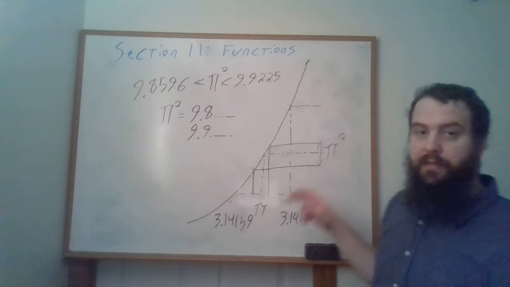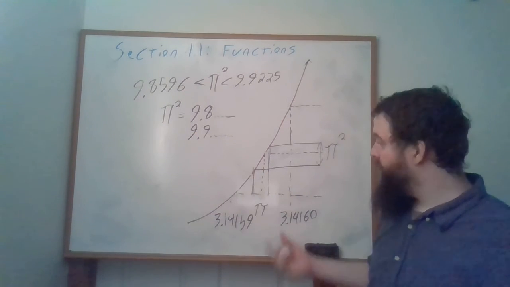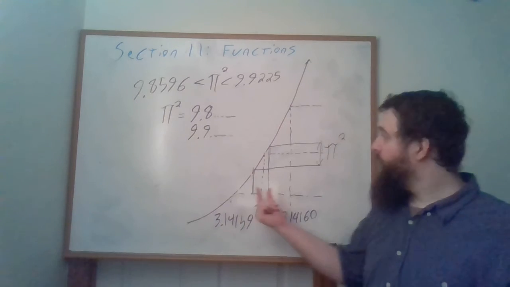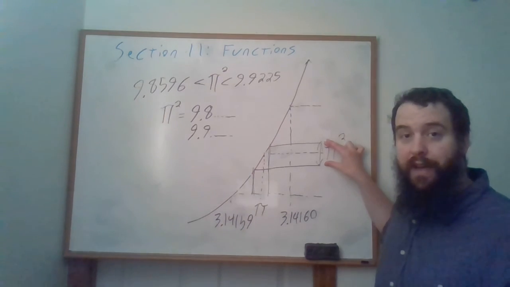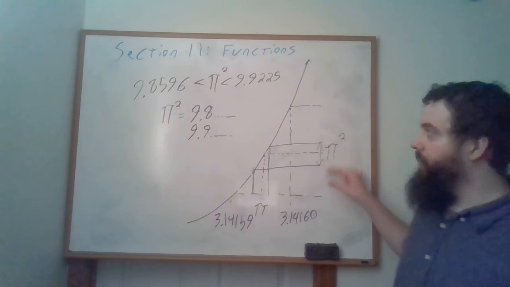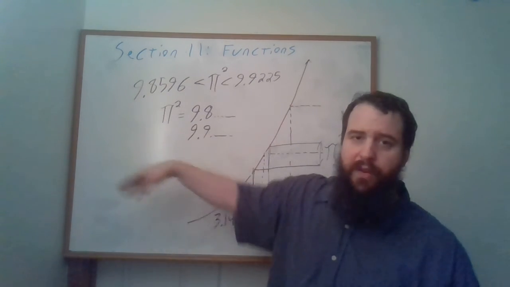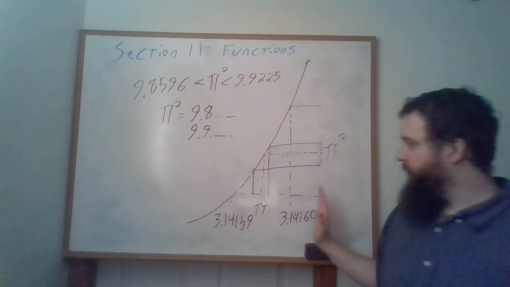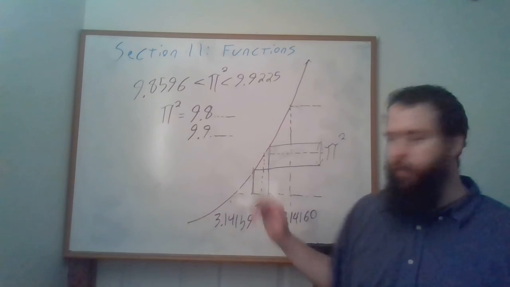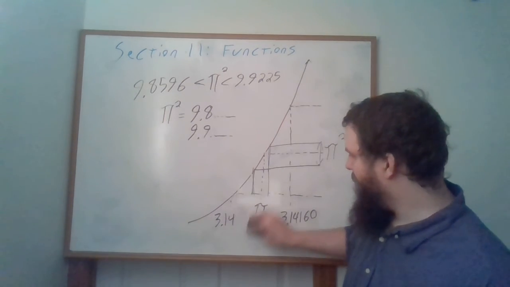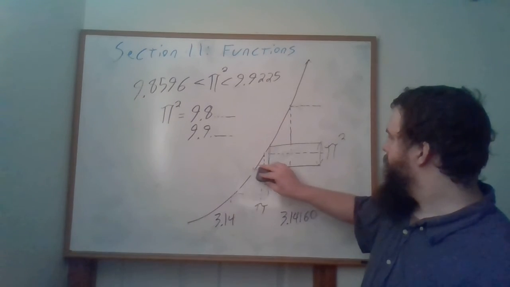And the question that you might ask is, if we have this range of values, how big is this range of values going to be, right? When we were doing this with 3.14 and 3.15, the range of x values was, well, let's go back to that case here.